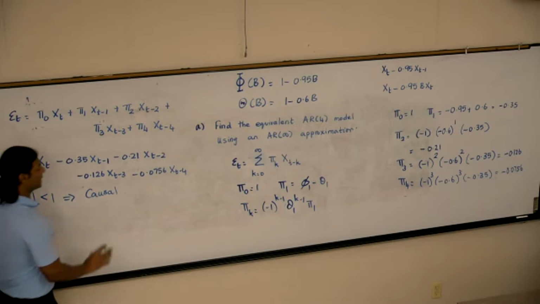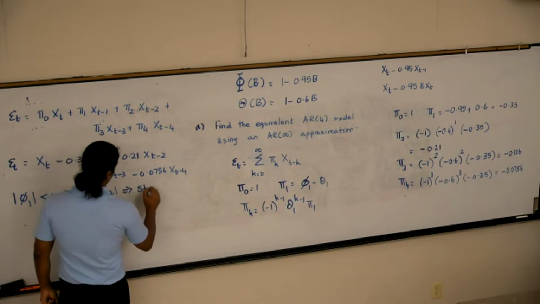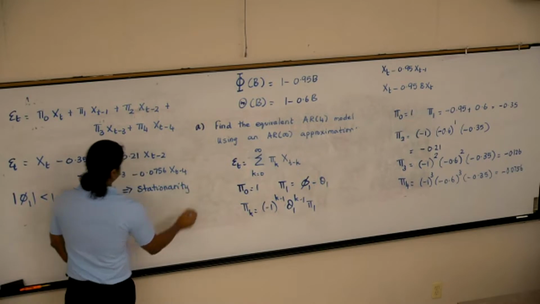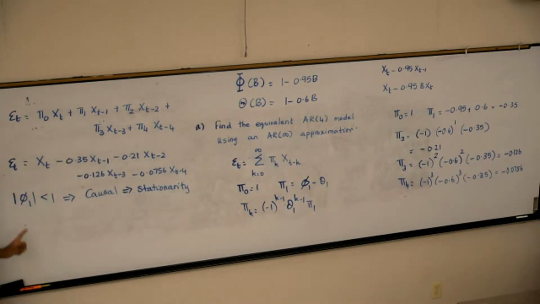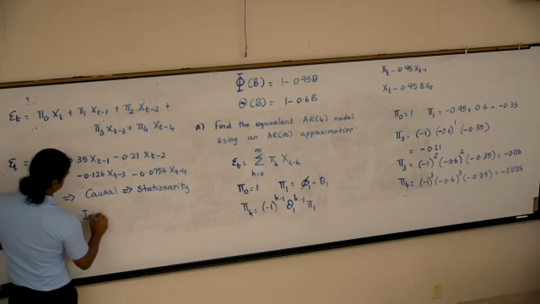Which would result in stationarity. That was from the last time we did the AR stuff, right? Right. And if we have theta 1 less than 1, we would have invertibility.